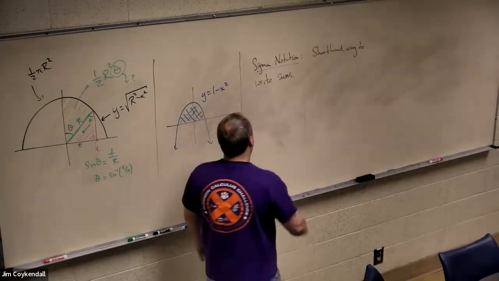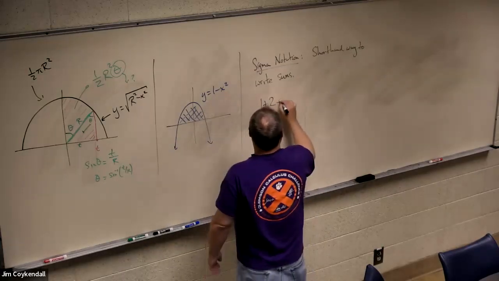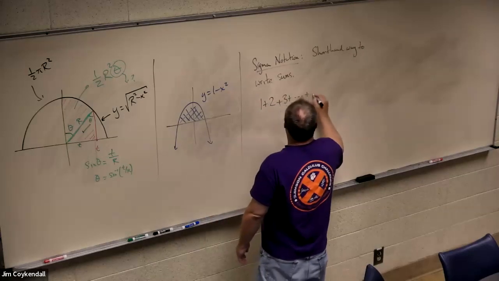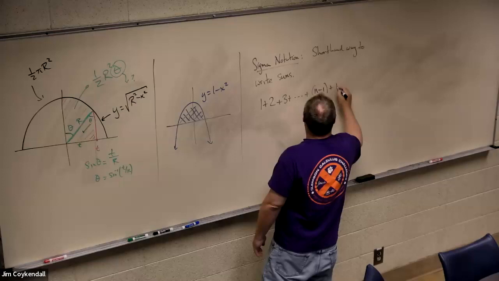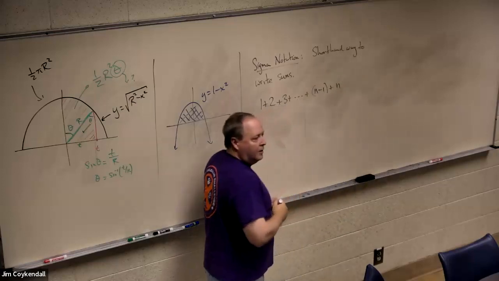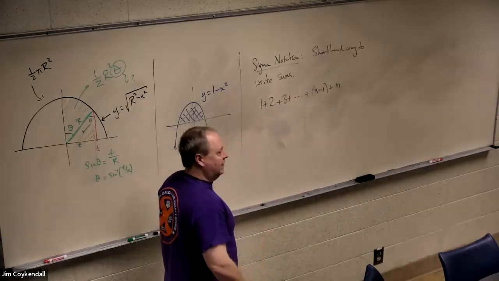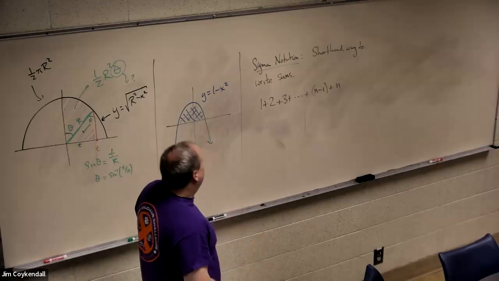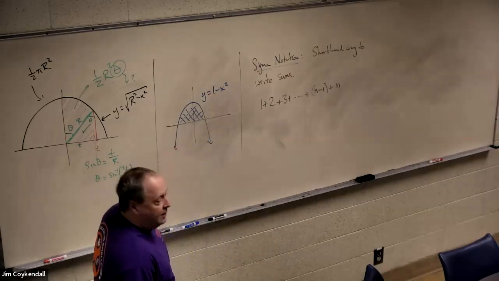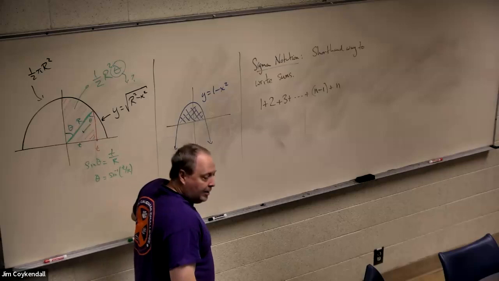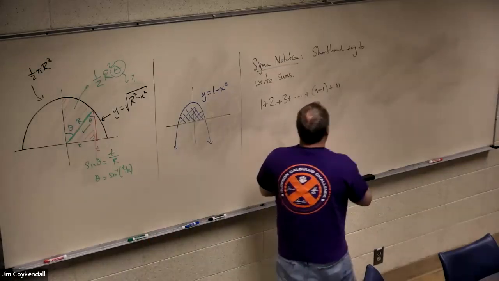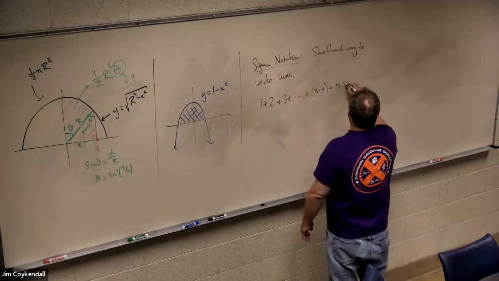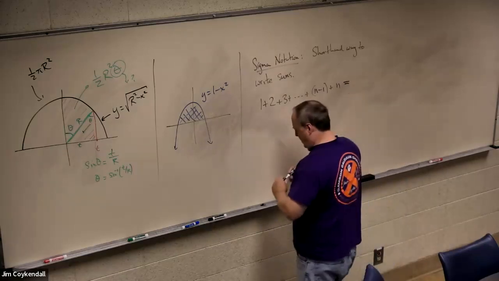So for example, suppose I wanted to add up the first n numbers, 1 plus 2 plus 3, and n might be very big, it might be a million. Nobody wants to write all that down, it's cumbersome. Does anybody know how to write this shorthand?